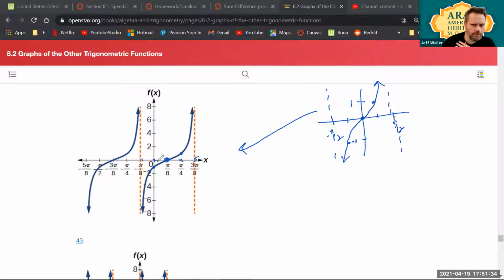So again, I've got the 1, 2, 3, 4, 5 key points, and I can see it's doing what it's supposed to be doing at the 5 locations. Now, of course, are the 5 locations in the regular place? All right. So has the amplitude changed?